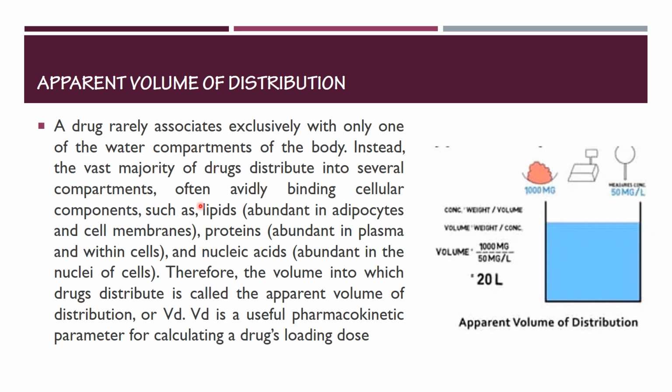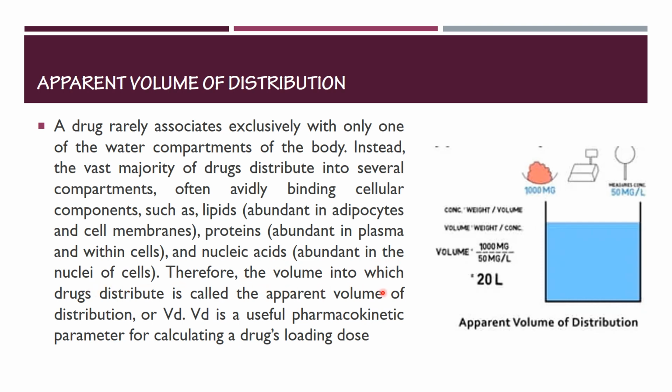Apparent volume of distribution. A drug rarely associates exclusively with only one of the water compartments of the body. Instead, the vast majority of drugs distribute into several compartments, often avidly binding cellular components such as lipids abundant in adipocytes and cell membranes, proteins abundant in plasma and within cells, and nucleic acids abundant in the nuclei of cells.